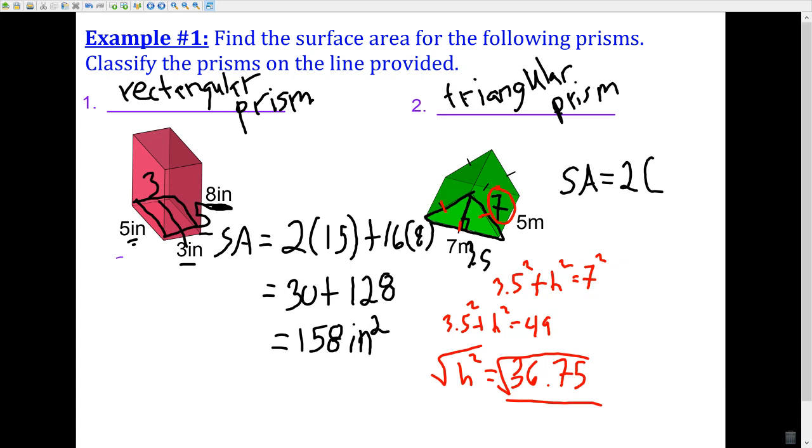The height is going to be the square root of 36.75, plus, sorry, I didn't have enough room there, the perimeter. Remember, it's the perimeter of the base, which is our triangle. So it's 7 plus 7 plus 7, that's 21, times the height, 5.